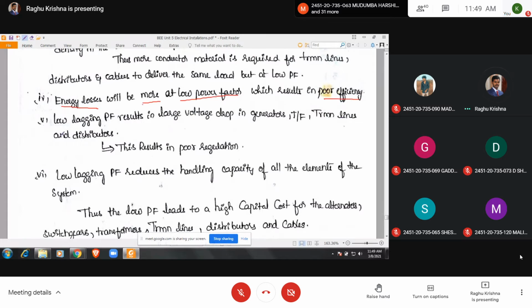Next, low lagging power factor results in large voltage drop in generators. We have seen that most of the loads are inductive loads, so power factor will generally be lagging power factor. So low lagging power factor results in large voltage drop.